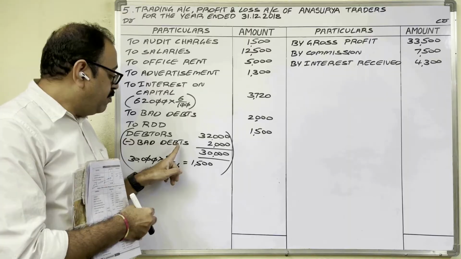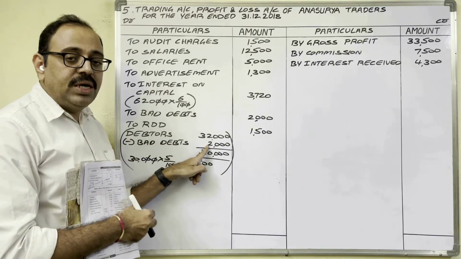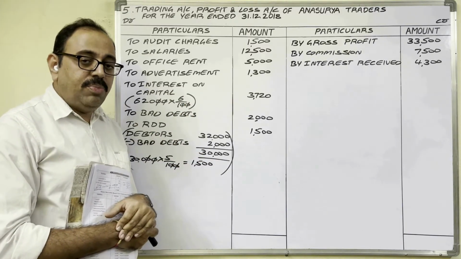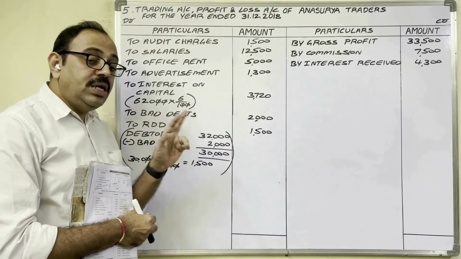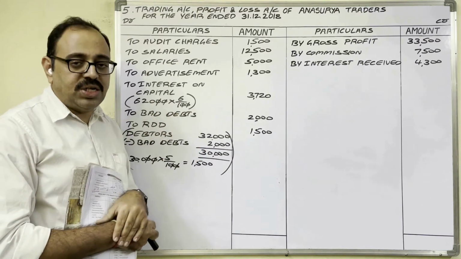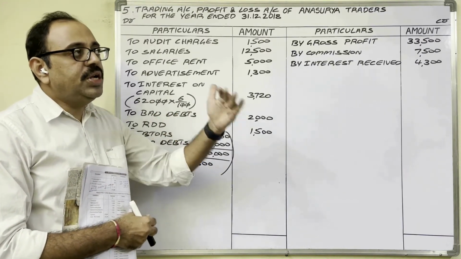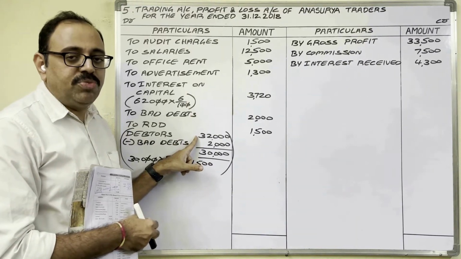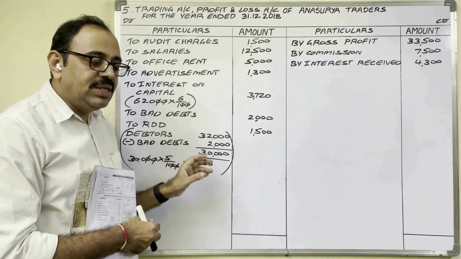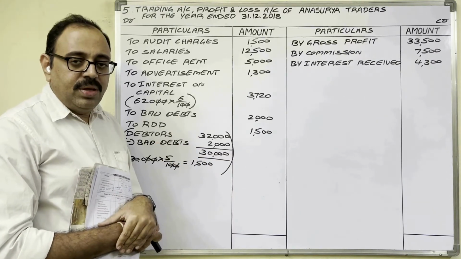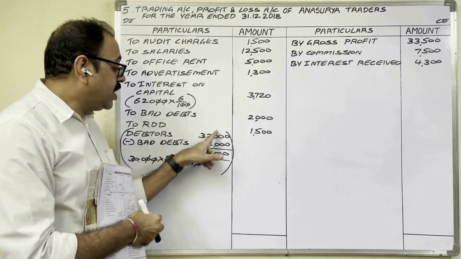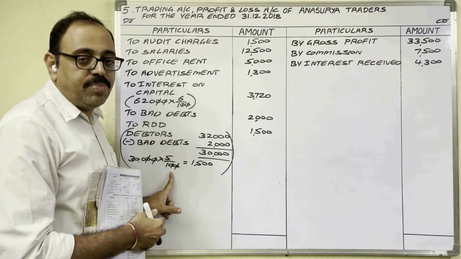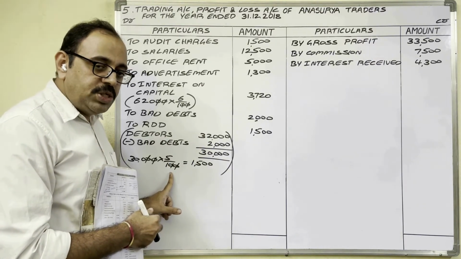Suppose this bad debt 2,000 is given in the trial balance. It means this 2,000 is already adjusted in the debtors account. After considering the 2,000 bad debt, the remaining debtor value is 32,000 rupees. So 32,000 is the final debtor value. In that case, directly on 32,000 you can calculate this 5%. So remember this point.